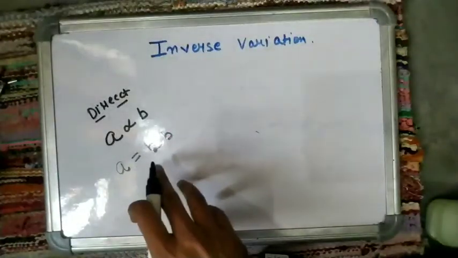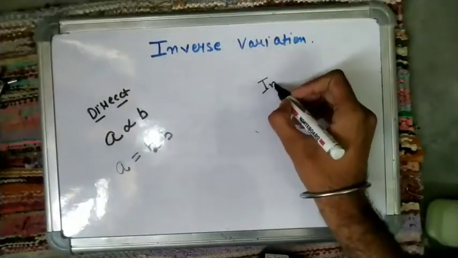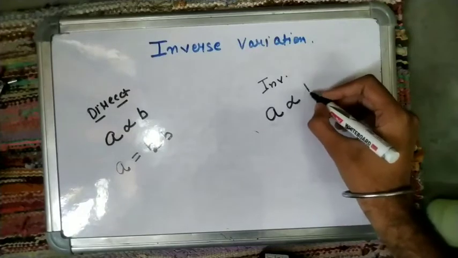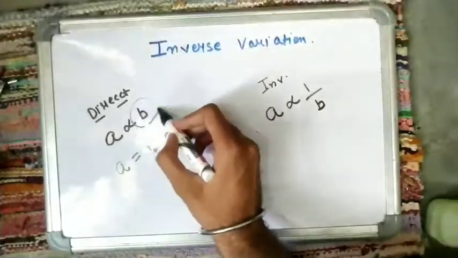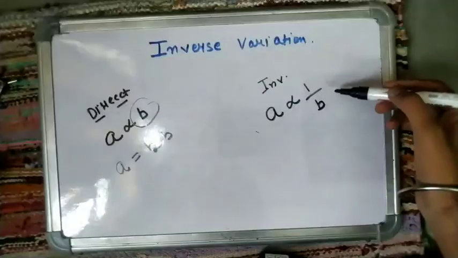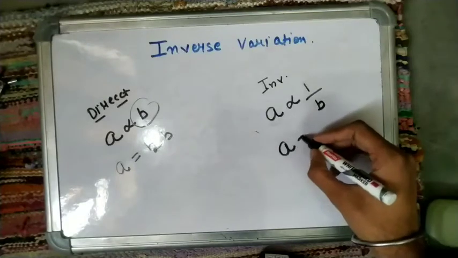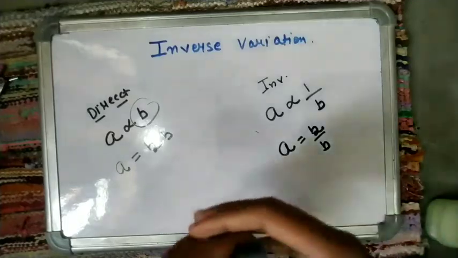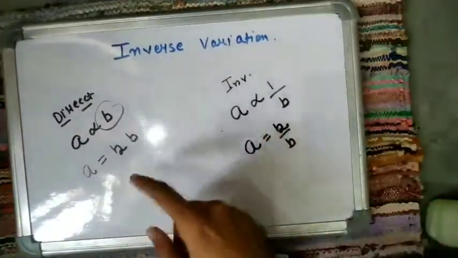K is any number. In inverse variation we use A is inversely proportional to B. Here it is B, but here it is 1 by B, and we get A is equal to K times 1 by B. So beta, you have to just focus on the value of K.